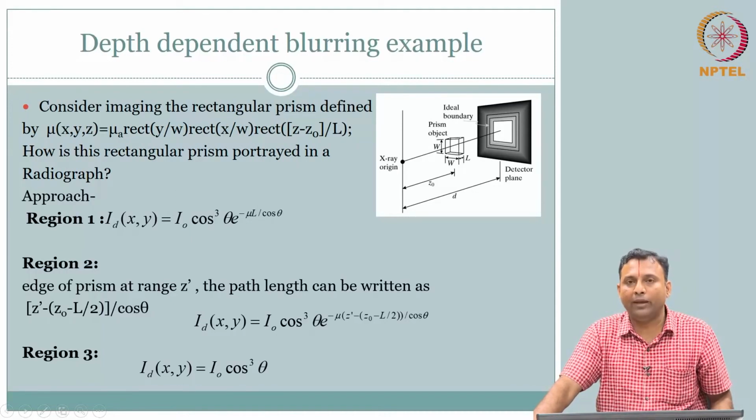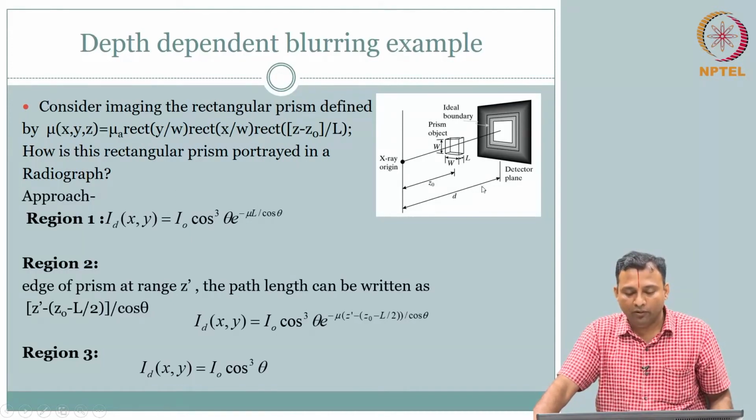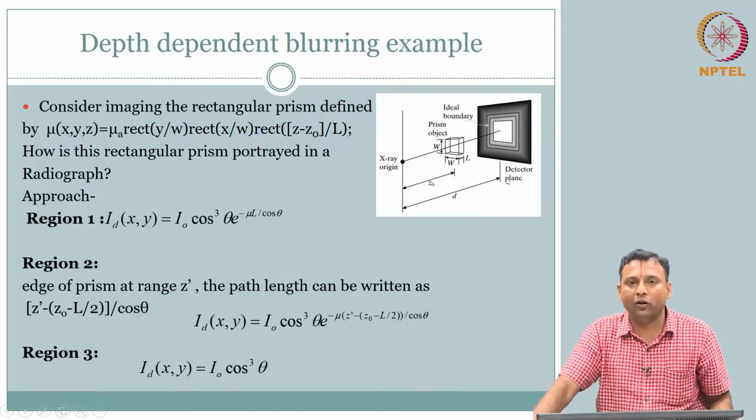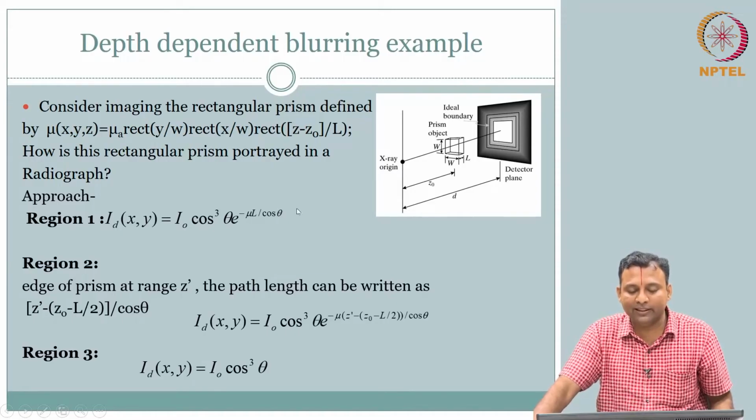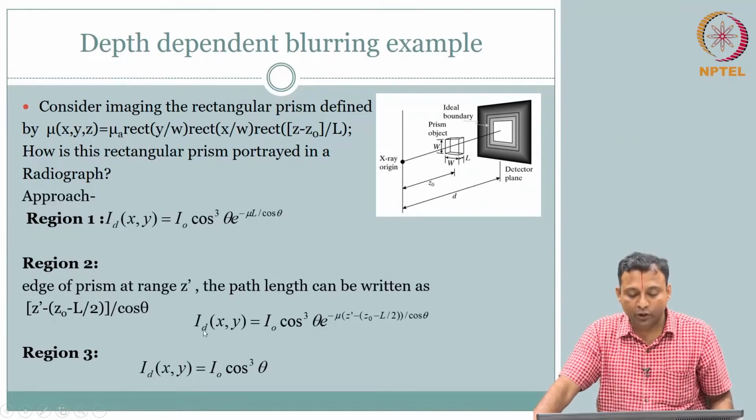where you have to identify, given this x comma y plane, where these regions are, how do you describe region 1 in the coordinates, what is the range over x, what is the range over y when this region is applicable, the range over x and y when region 2 is applicable.